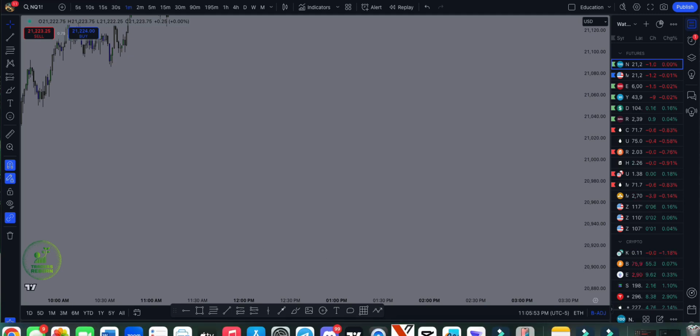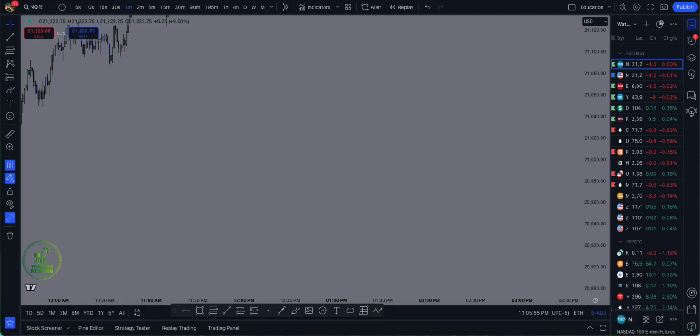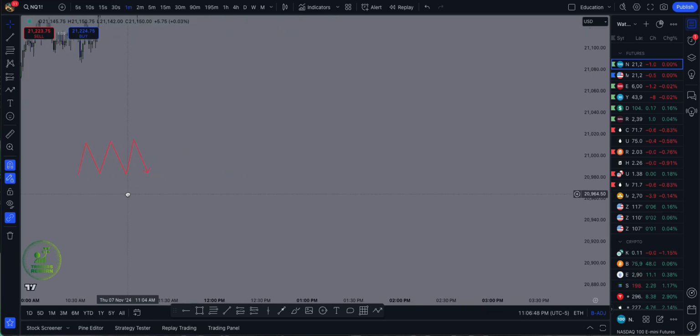Okay, so I'm going to go over a setup that I use a lot, and it's based off of the range that's formed between the lunch time. This lunch hour or hour and a half is going to form a range every day.